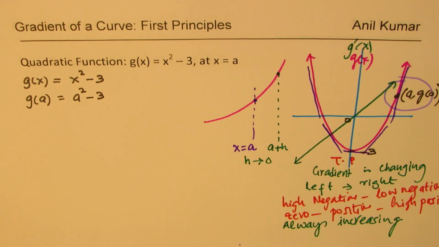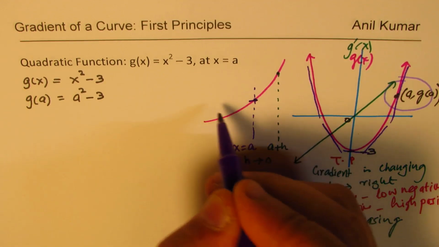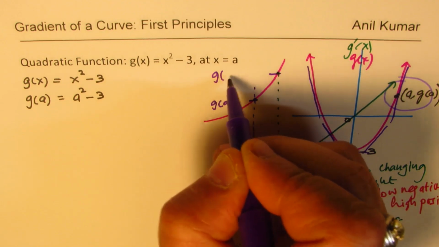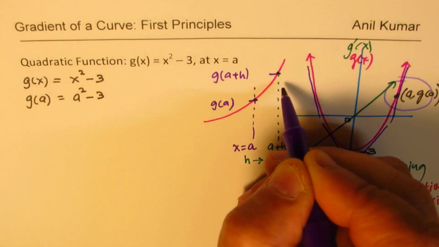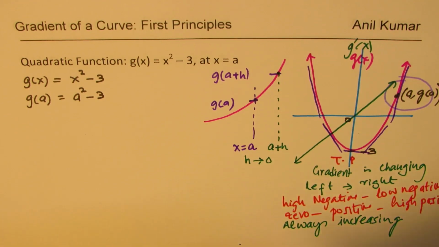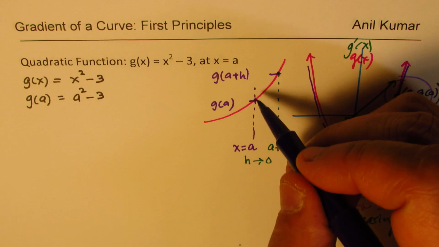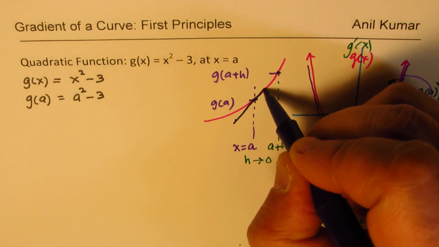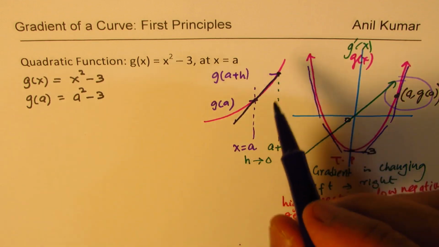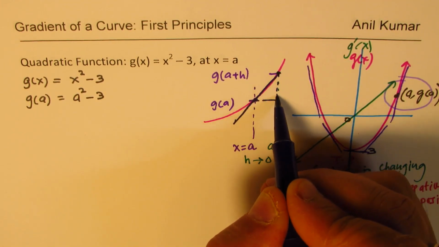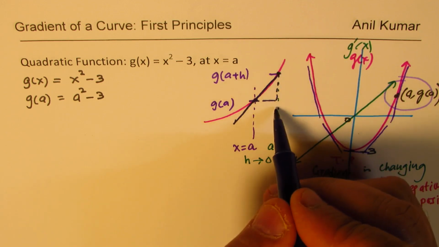So in that case, the value here is g of a, and the value there will be g of a plus h, right? So if I now draw a tangent, a secant I should say, joining these 2 points, right? If I join these 2 points, it is definitely not a tangent, but it gives me an idea of the slope, right?